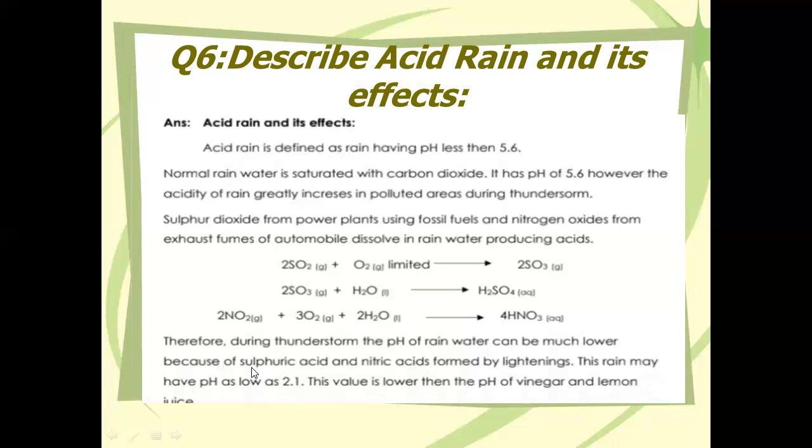It means vinegar and lemon juice we are using in our diet are not harmful for our body, but a pH less than 2.1 is harmful. It is very acidic and is harmful.